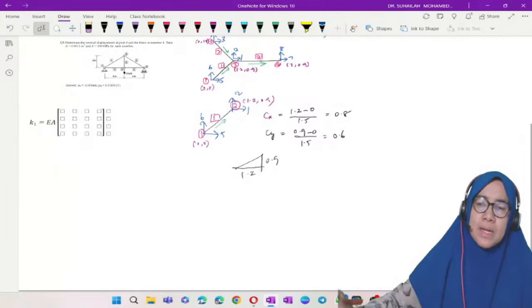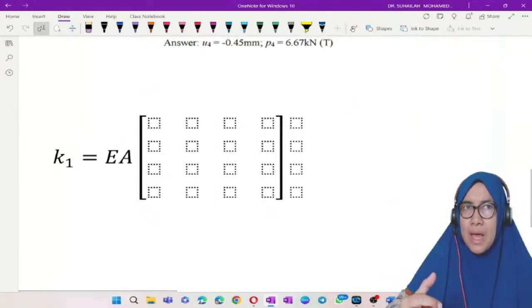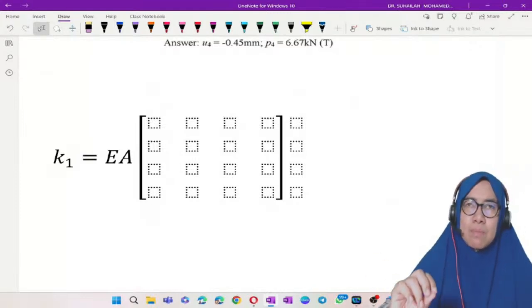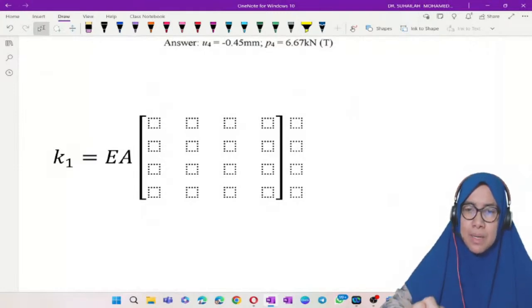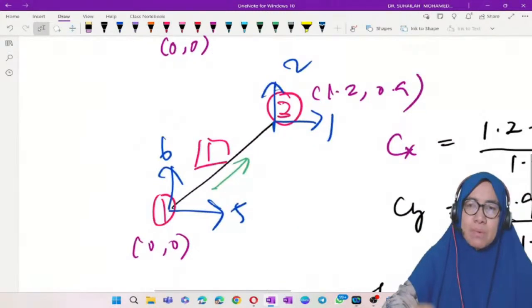K1 is in terms of EA. Don't forget the most important thing: for each element, we should label the degree of freedom correctly.